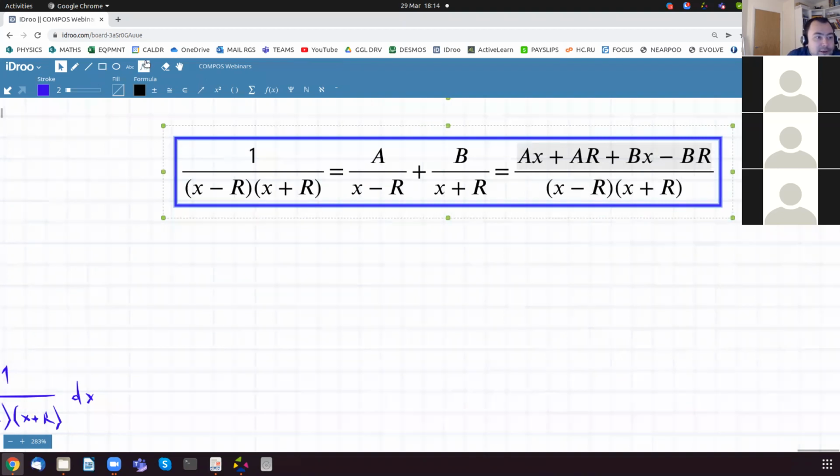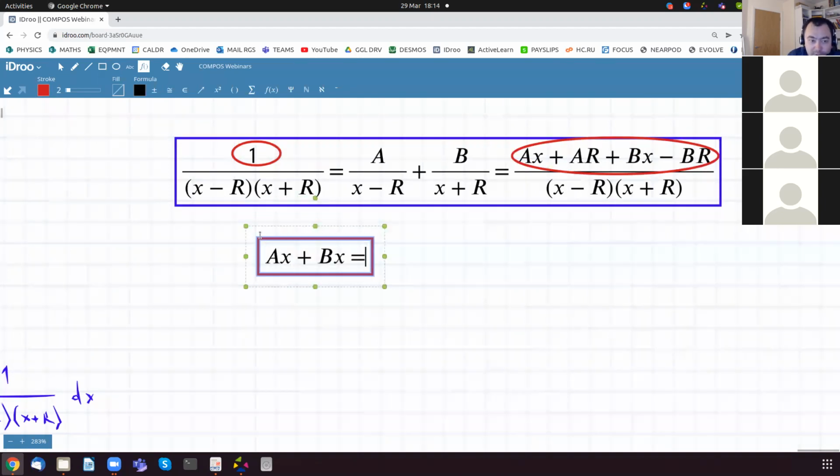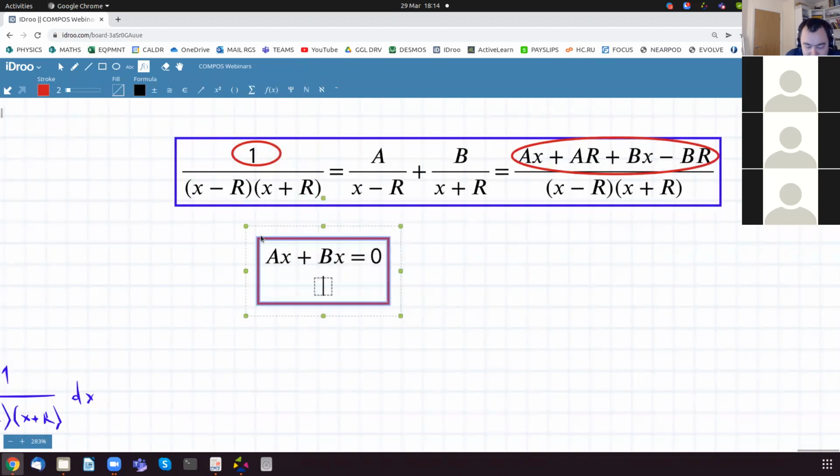And the interesting thing about partial fractions is that for any value of x, this thing must equal to this thing. So in other words, ax plus bx must equal 0, and ar minus br must equal 1.